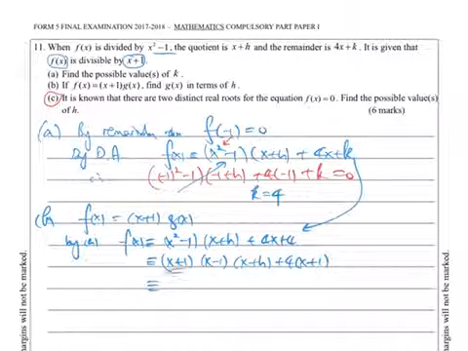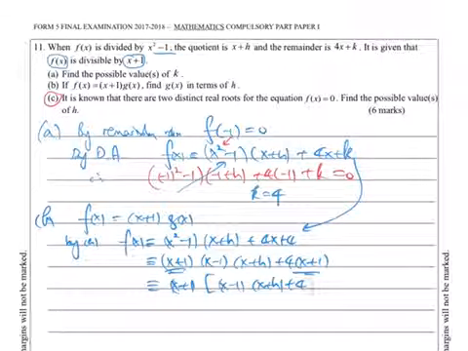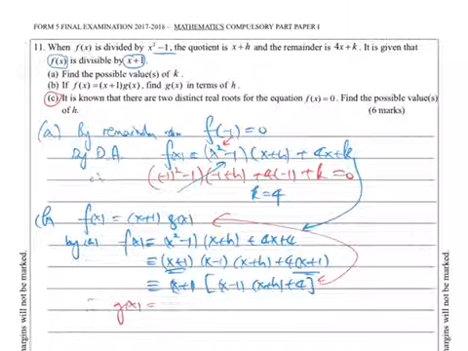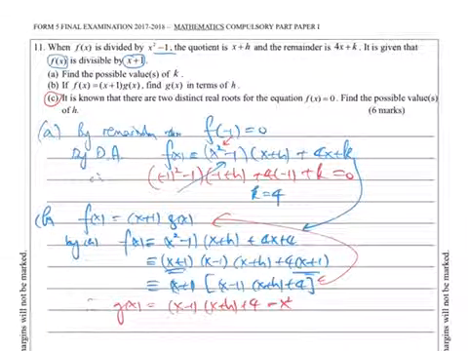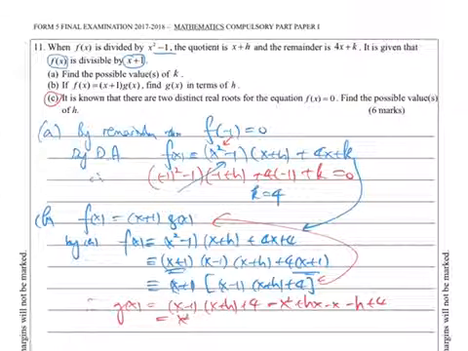And then you take out the common factor. So we have f(x) is x plus 1 times x minus 1 times x plus h plus 4. So comparing these two forms, you see that therefore g(x) is x minus 1 times x plus h plus 4. Expand it, you have x squared plus hx minus x minus h plus 4. So we write it into the standard form, it is something like this.